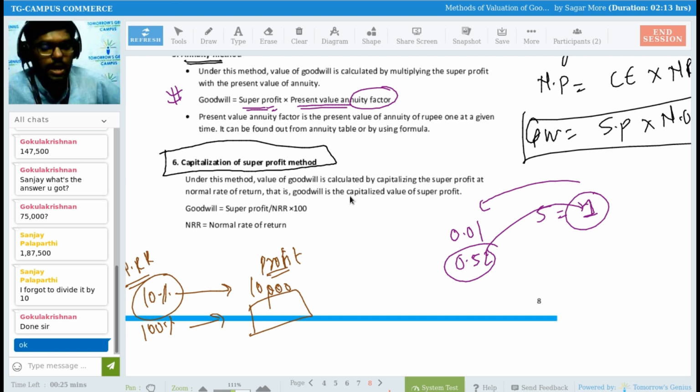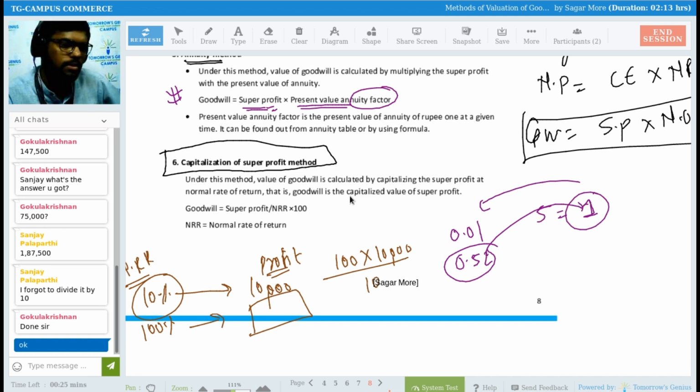At present, your normal rate of return is 10% and you are earning 10,000 rupees of profit. If your normal rate of return is 100%, what will be the profit amount? You can do cross multiplication: 100 multiplied by 10,000 divided by 10. The answer is 1 lakh.